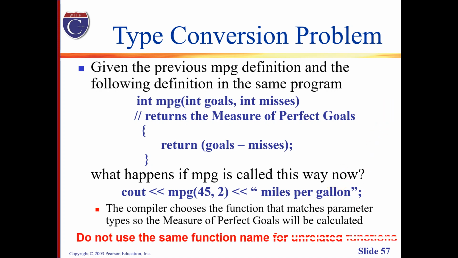What will happen is that the compiler chooses the function that matches the parameter type, so the measure of perfect goals is the version that will be used instead.